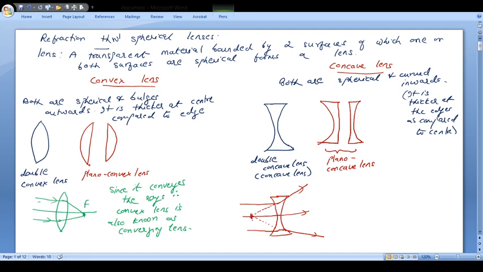This point is basically the focus. Therefore, since it diverges the rays, the concave lens is also known as a diverging lens.